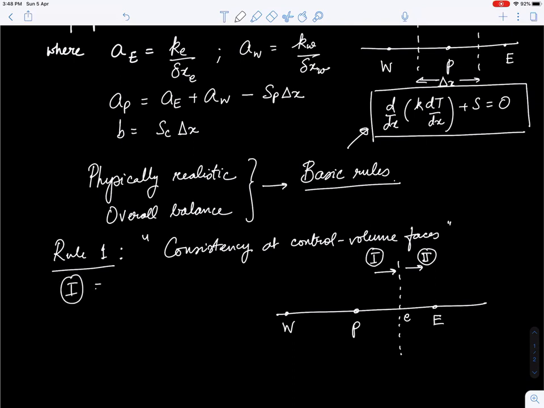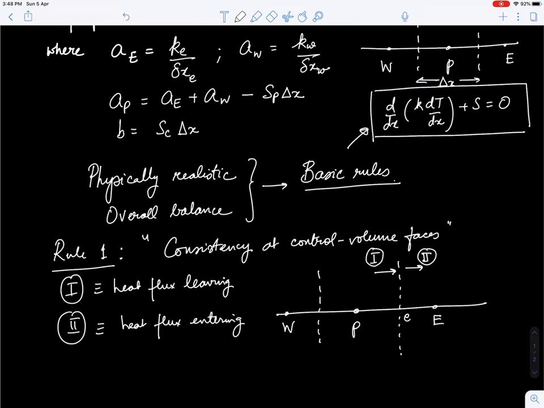So 1 is essentially the heat flux leaving the cell surrounding point P, and 2 is the heat flux entering the adjoining control volume.